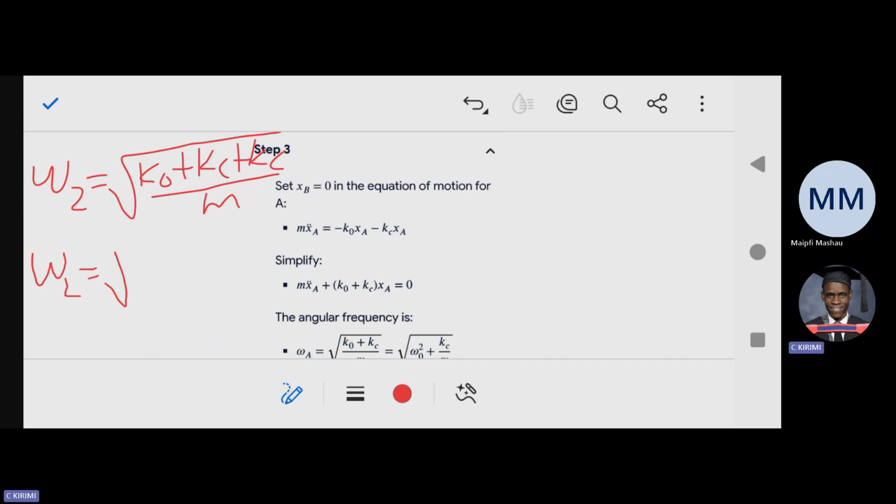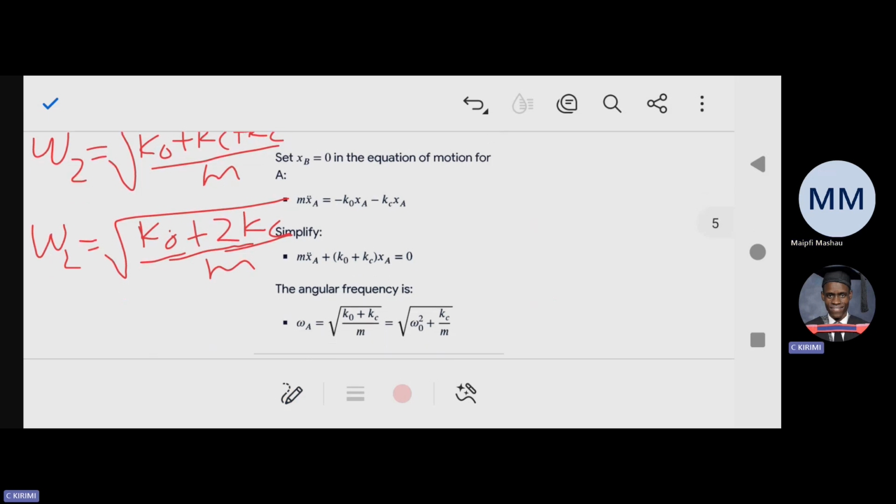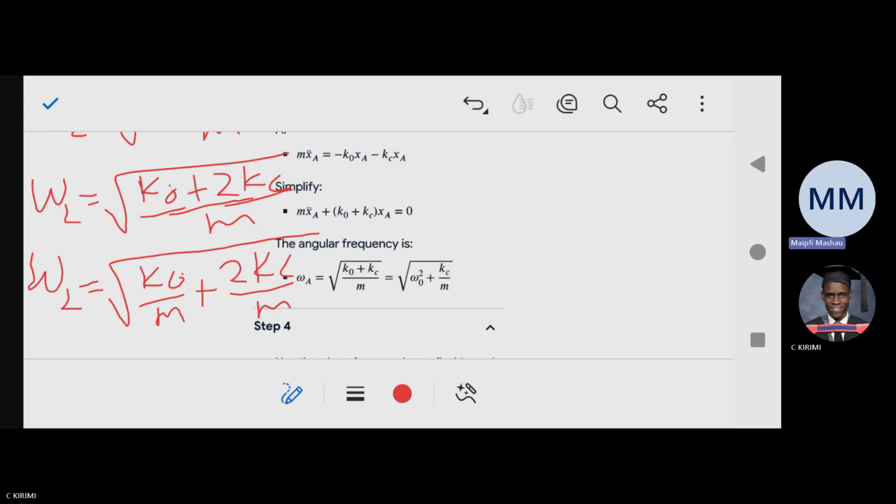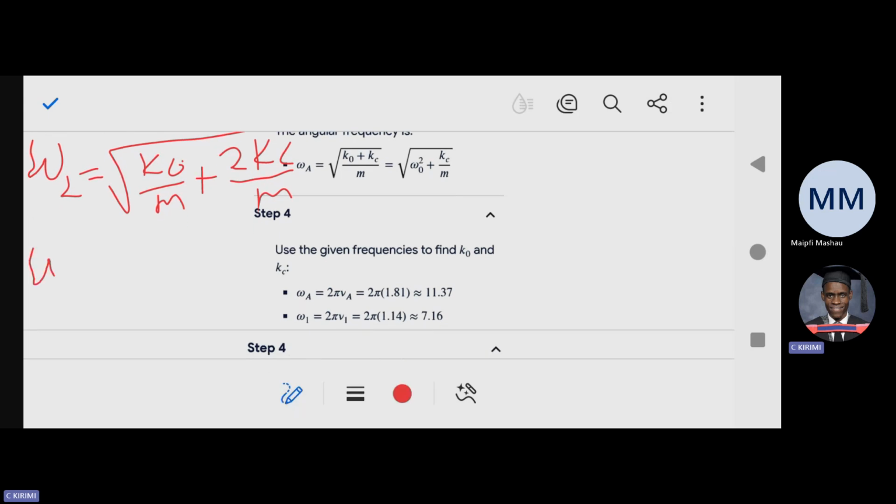Then indicate that this W2 is equal to the square root of K naught plus 2Kc over M. And then show it as individual terms. They share the same common denominator, which means W2 is the same as the square root of K naught over M plus 2Kc over M. But what is this K naught over M?